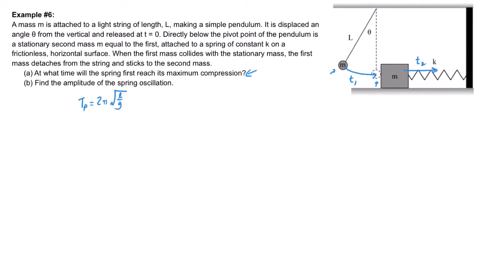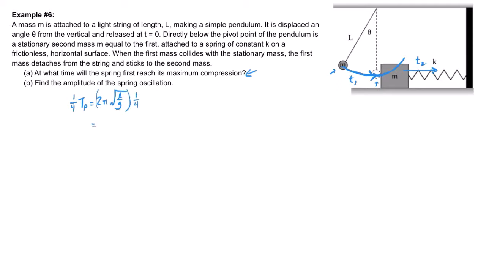Now, in this case, we don't need the full period, because the full period would be to swing down to equilibrium, swing up, back to equilibrium, and then back up to the top again. Now, you may notice that what we want from here down to the bottom is 1/4 of a full period. So let's just take this whole thing and multiply it by 1/4.